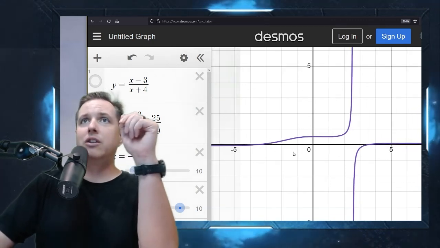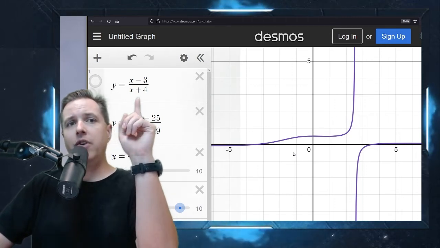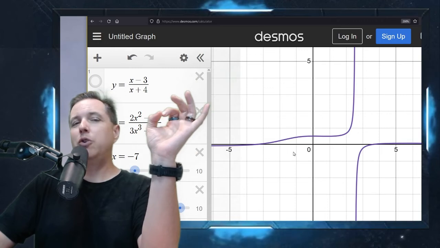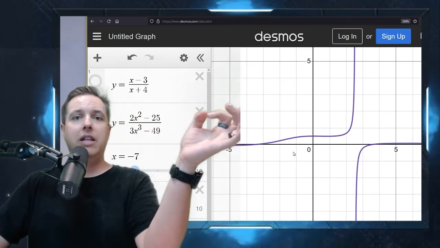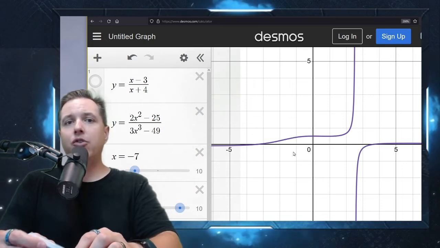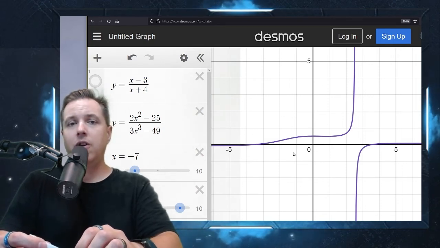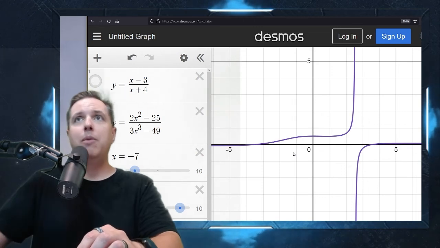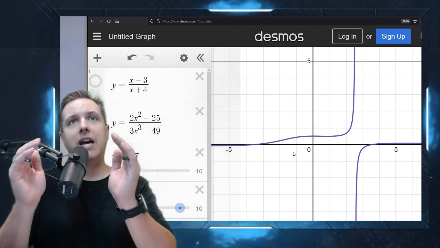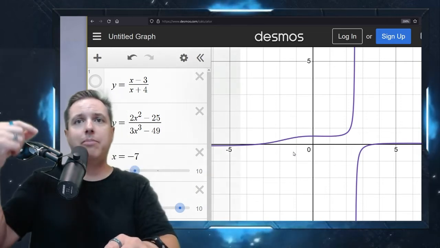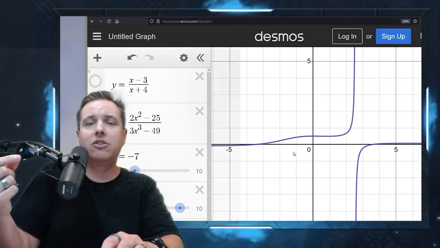And this graph actually does a good thing of illustrating an example that sometimes people kind of get confused about because they're lazy with their language. So sometimes you'll hear people say, oh, the graph can never cross a horizontal asymptote. The graph can cross a horizontal asymptote, but it can only cross a horizontal asymptote in the middle of the graph, like around the x-intercepts and the maxes and mins and all that kind of stuff going on.